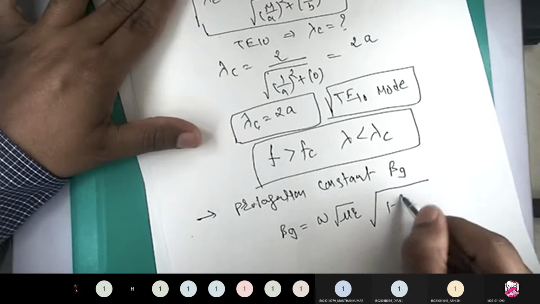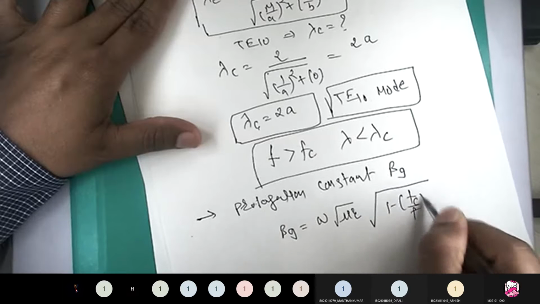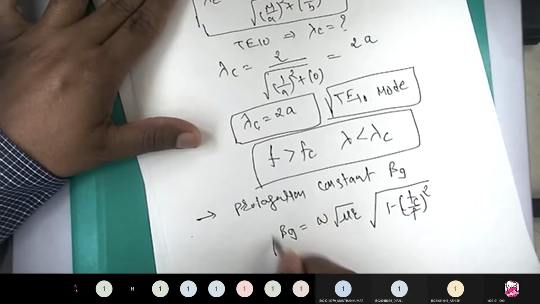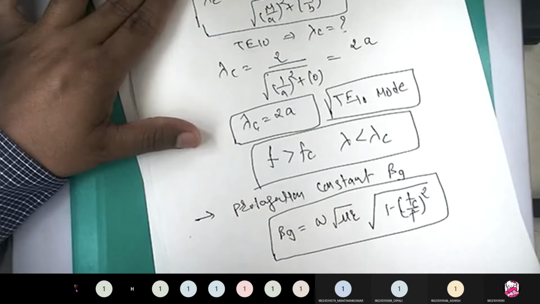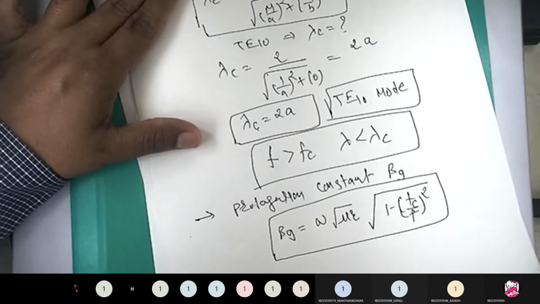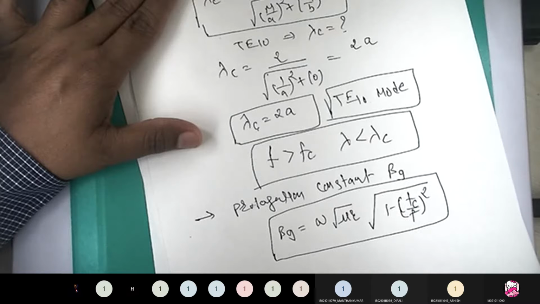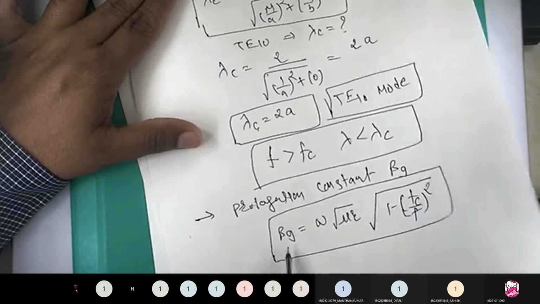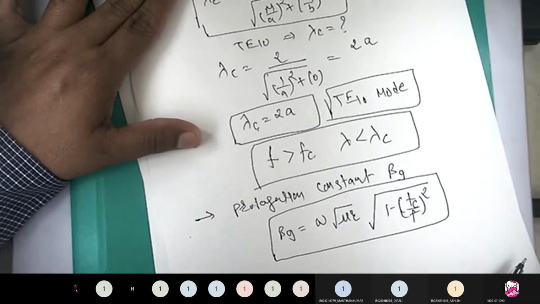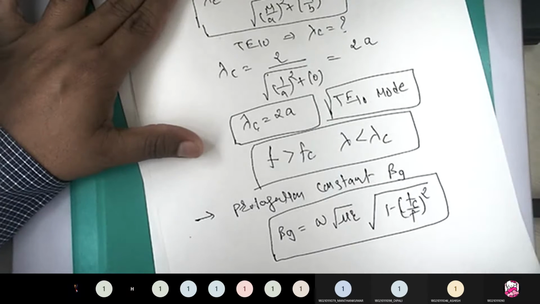The term is the square root of 1 minus (fc over f) whole square. So this is the propagation constant beta g. The way the wave will propagate inside the guide can be calculated by using this phase constant or propagation constant.